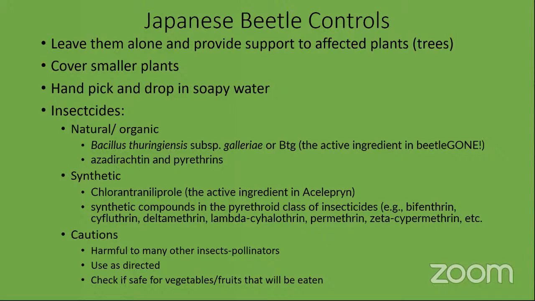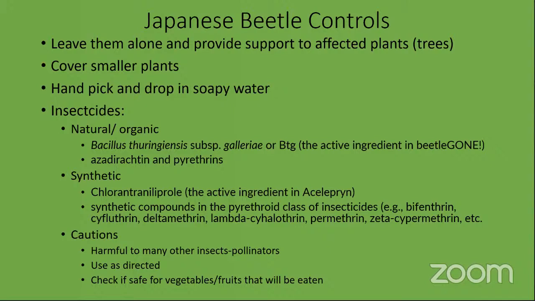Some of these are not very long lasting, which means you have to spray quite often. And is the cost and the time you spent doing that worth it to save your plants, or are you just going to try to live with them and do some hand picking in order to control them?